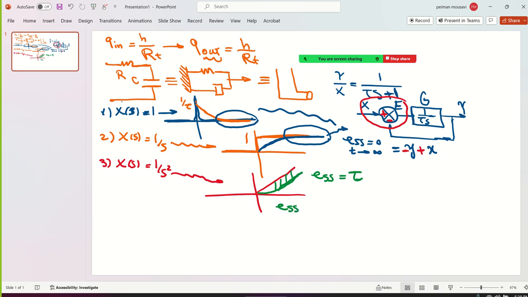But also I told you, we stopped here, that ESS from the final value theorem that I told you is the limit of s times x of s over 1 plus G, as s goes to 0, which you have in your notes.